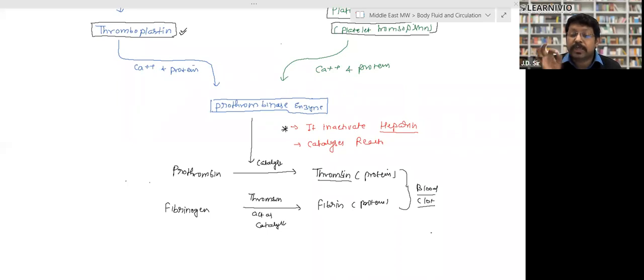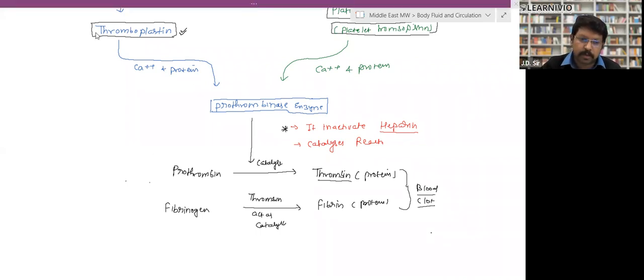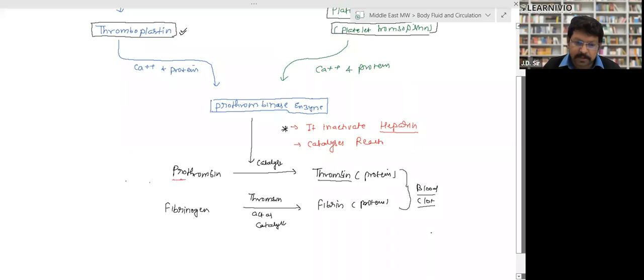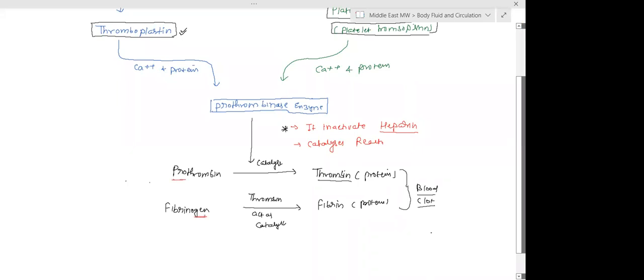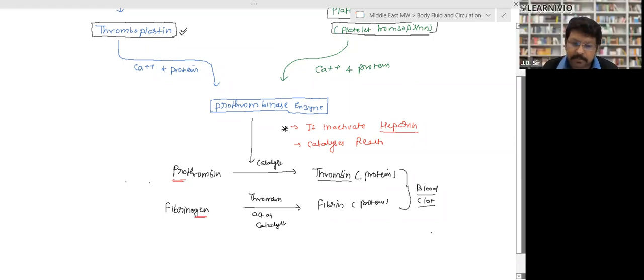If the suffix -ogen is there, it also means inactive. Prothrombin is an inactive enzyme. Thrombin is active, right? Fibrinogen is inactive and fibrin is active. Clear? That is the only difference between fibrinogen and fibrin and prothrombin and thrombin.